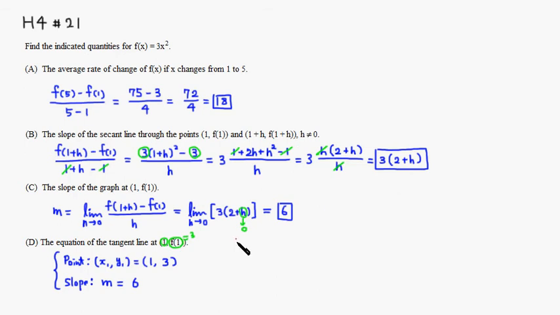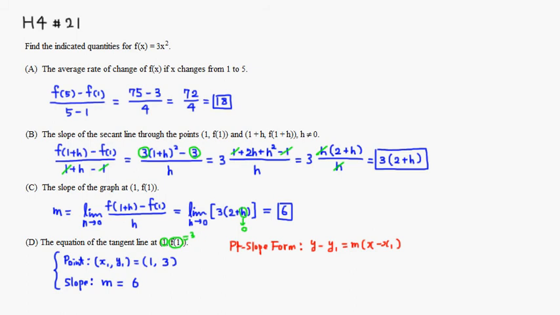Maybe I'll write it in red. Point-slope form goes like this: y minus y1 is equal to m times quantity x minus x1.